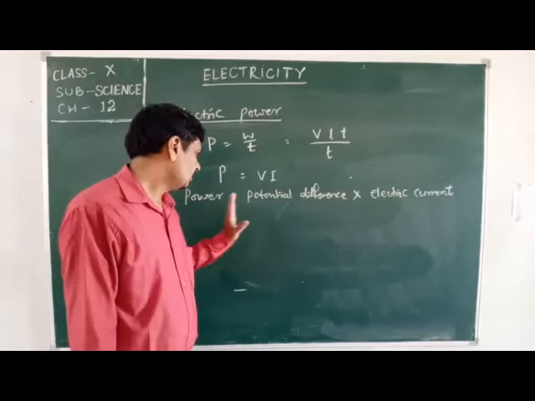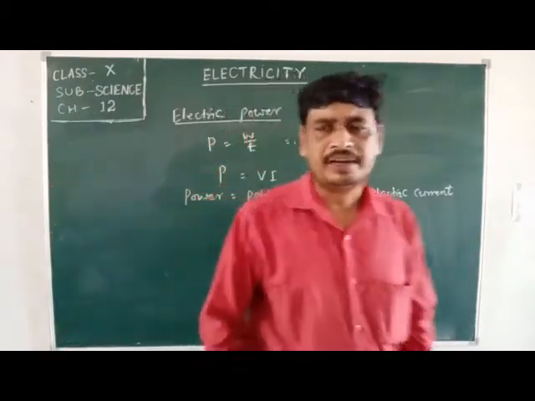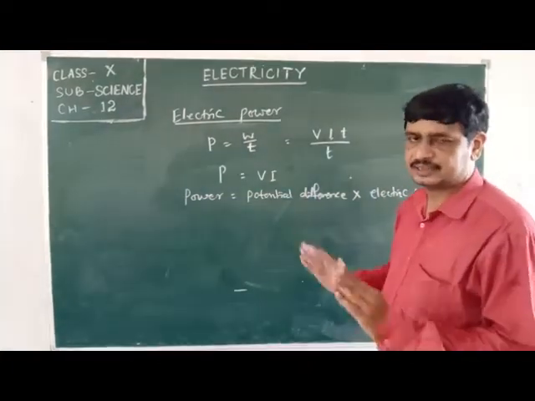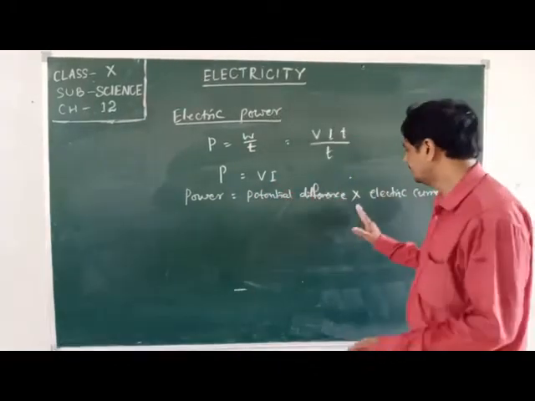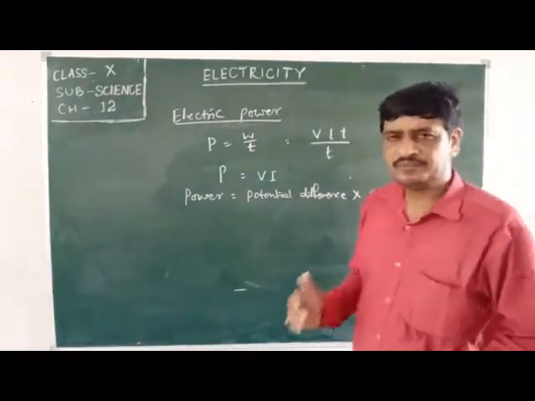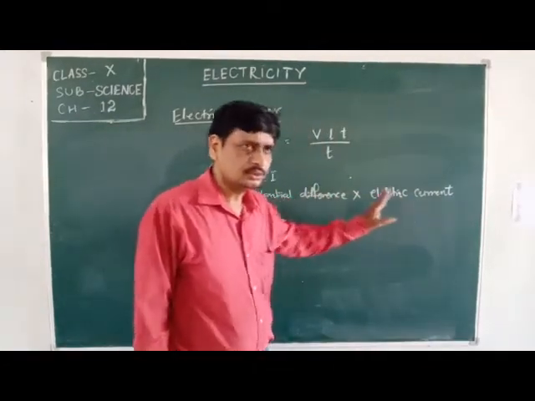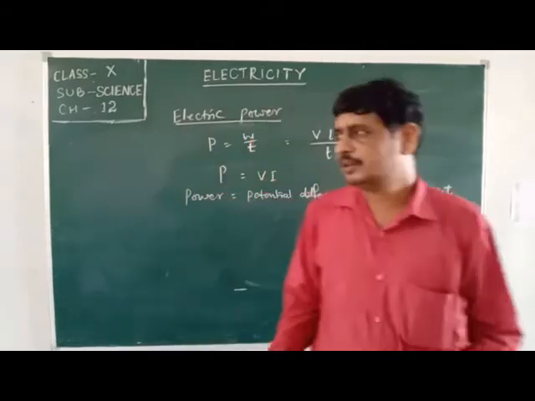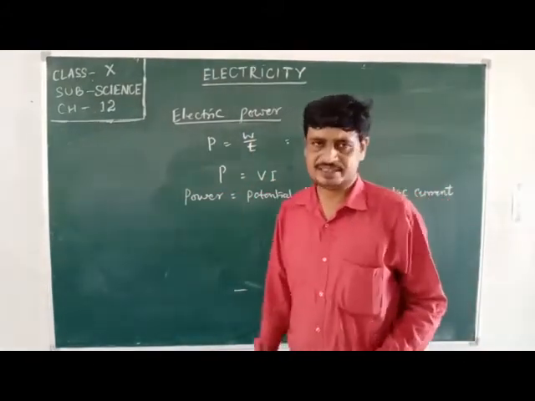The amount of power shown by a resistor is equal to the potential difference between both the ends of the circuit multiplied by the amount of electric current passing through it. This product is equal to the amount of electric energy used by the appliance, or the power shown by the appliance.